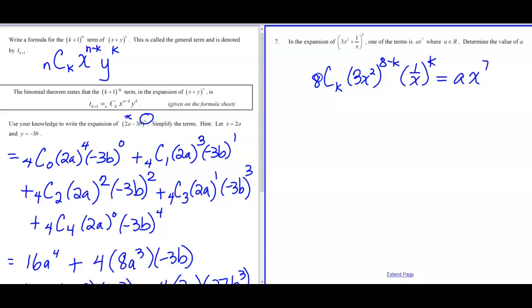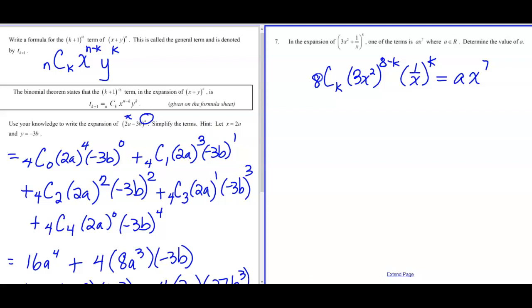All I did was use that formula, which is on your formula sheet. Fill in what you know: the exponent, the first term and the second term. You know that you have to try to find a. For right now, I don't care what this number is, I don't care what the 3 does.